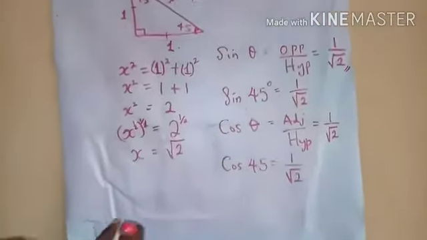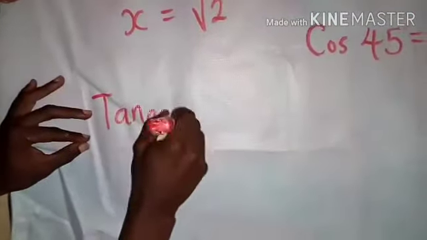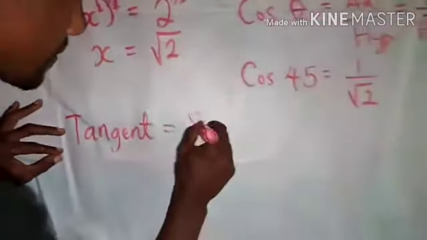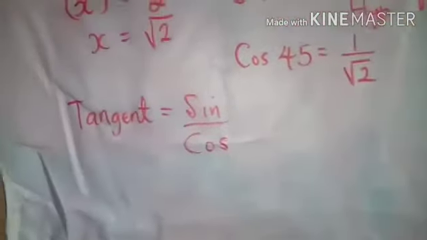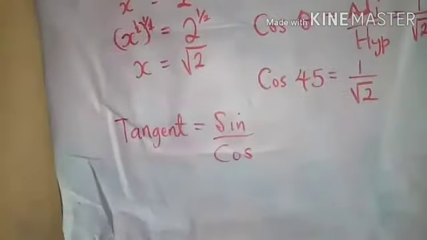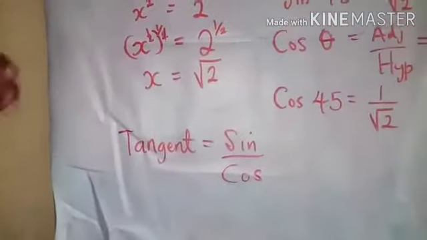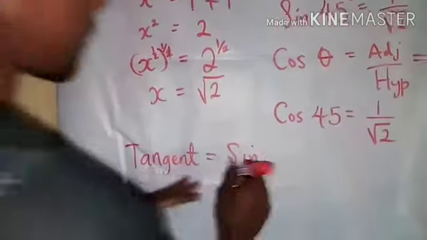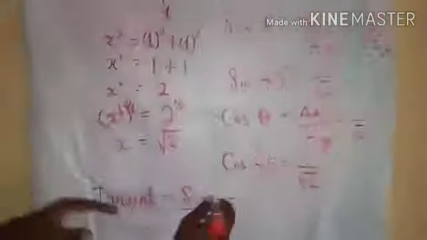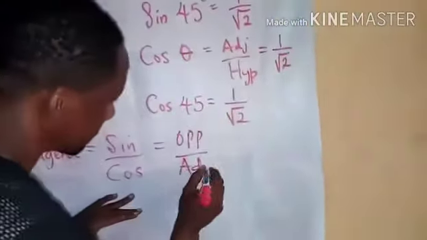And remember that tangent equals sine over cos. So you can figure out tangent from two angles. We can start to look for tangent from our triangle. And from what you know, tangent at the same time is opposite over adjacent.